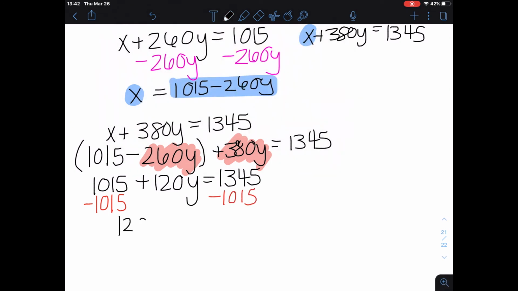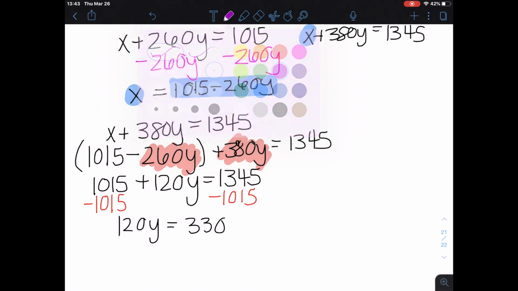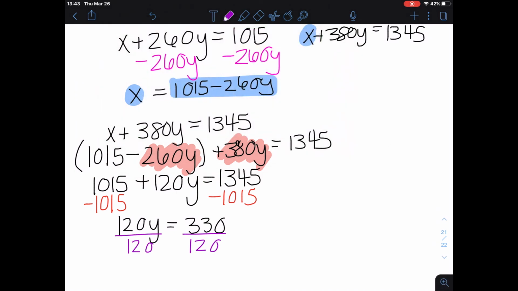That gives us 120Y equals 330. We're almost there. Just divide by 120 to get Y. So Y is equal to 2.75.